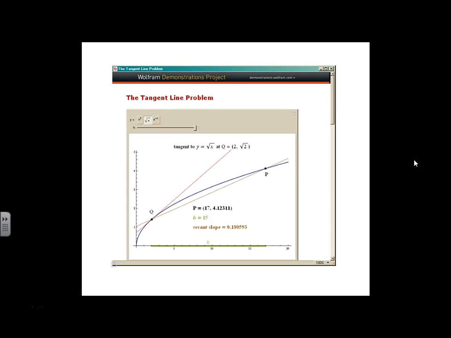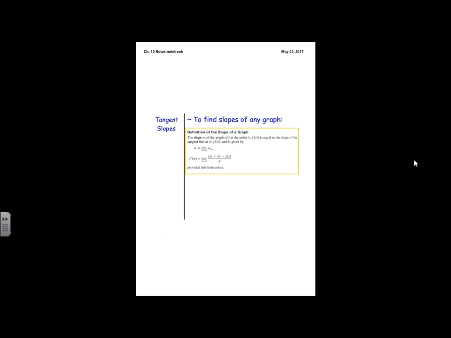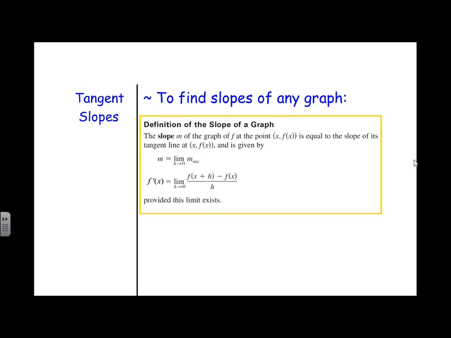Let's see if I have this up on the screen. Let me have you guys, as I get this up on the screen, write down this important box. To find the slopes, not with a picture and a ruler, kind of guessing what it looks like, which can be really imprecise and pretty difficult to get precise, we need a limit.